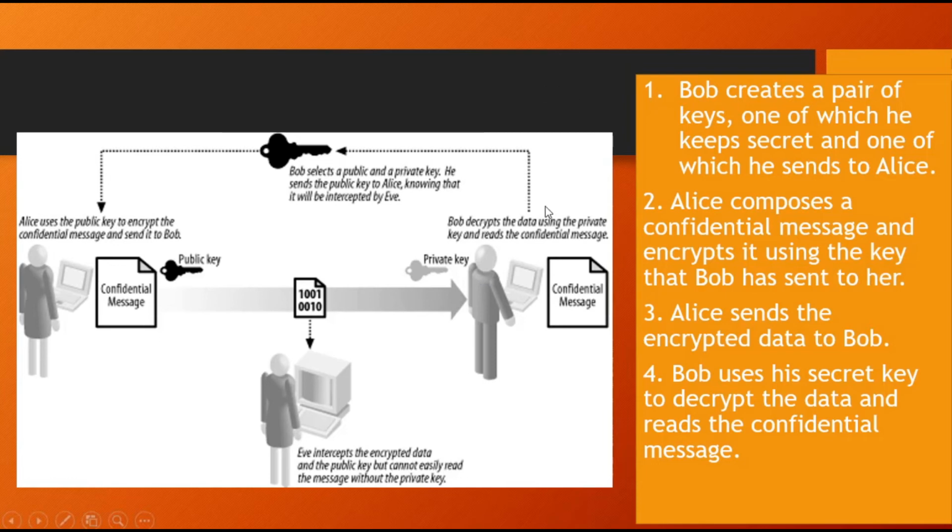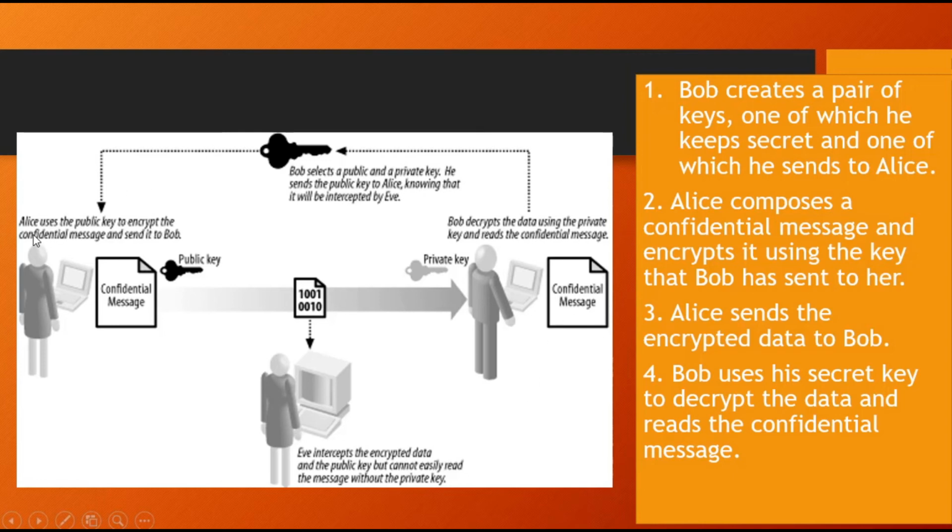Bob sends the public key to Alice so that she can encrypt her message. He sends it knowing that it may be intercepted by Eve. Even if Eve intercepts the encrypted data, she won't be able to read it without the private key, because the private key remains at Bob's side.